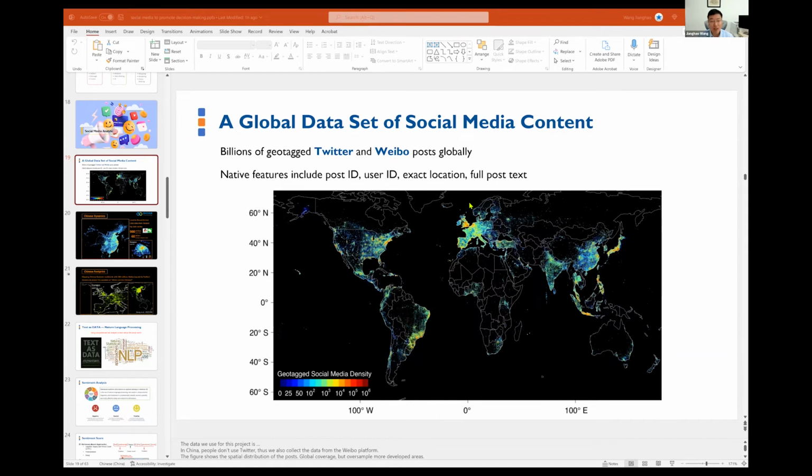For example, we use the age structure from the census to correct the age representativeness issues in the social media content, especially since I was studying China, where most social media users tend to be younger and well educated. It's a very simple way to correct these issues.